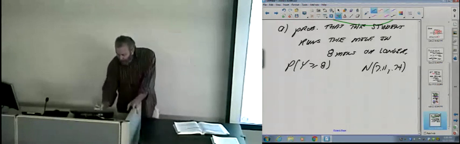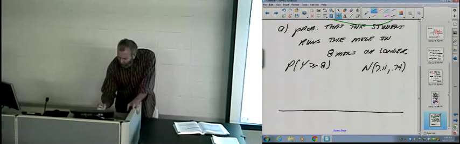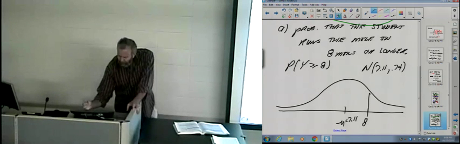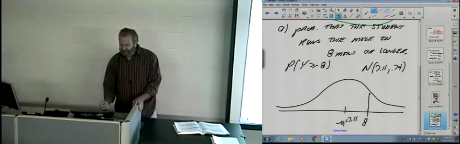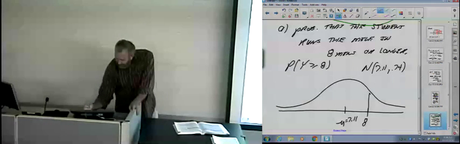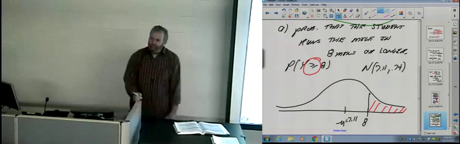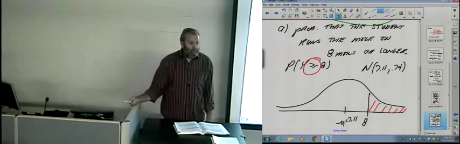So we draw that normal distribution. We know what it looks like. The mean is right here at 7.11. 8 must be there. We draw our line. Which way do you want to shade? Well, personally, I want to shade to the right because it tells you to shade to the right.